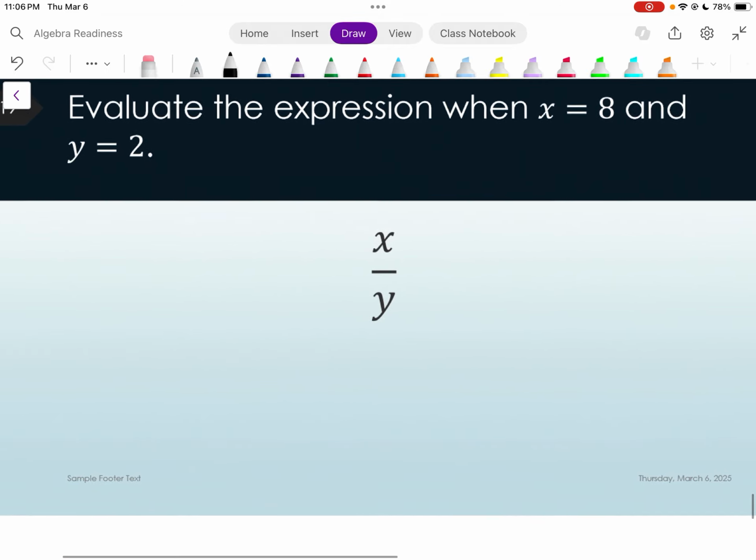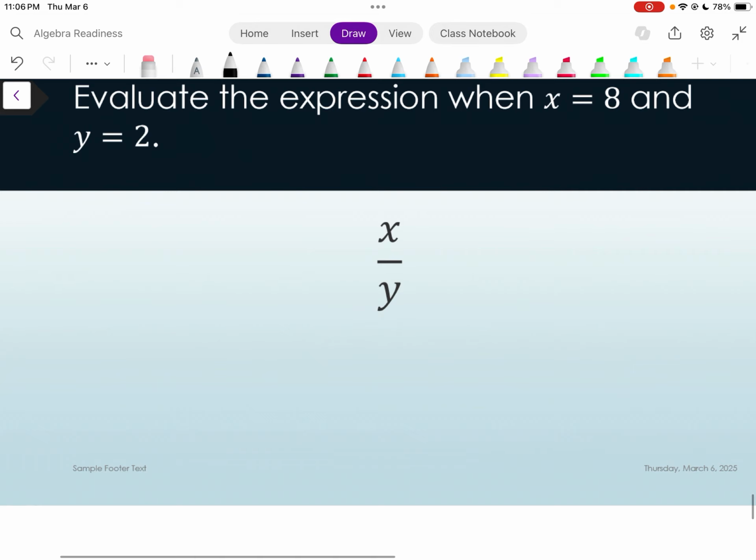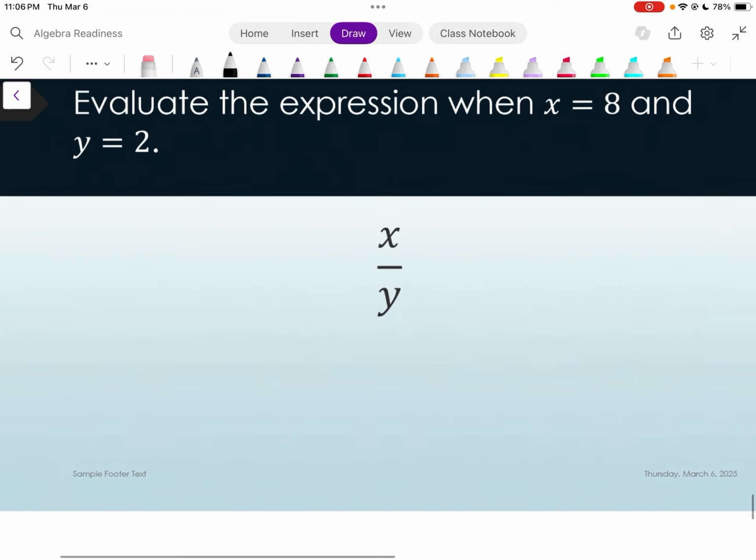All right, our next one. Evaluate the expression when x equals 8 and y equals 2. Again, the order is going to matter because if we look, we have a fraction bar. And if you don't remember, the fraction bar means dividing. So what this problem is really saying is we have x divided by y. Then we can substitute.